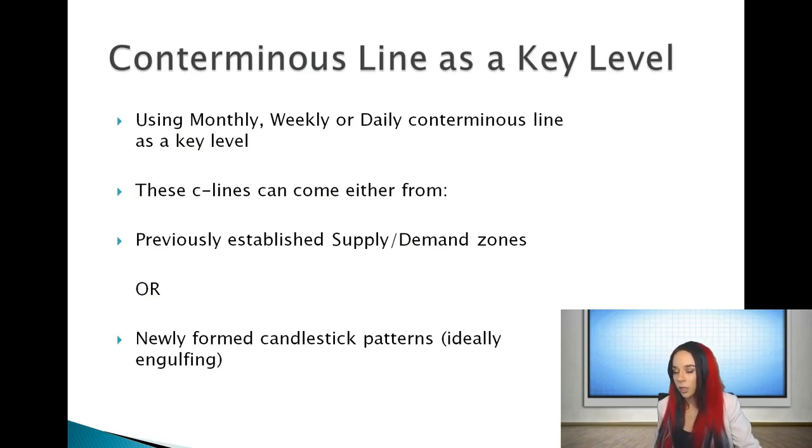But here's another thing. Sometimes you can use these weekly and monthly conterminous lines to keep a swing trade over a couple of days. In that case, you will need to identify the lower time frame supply-demand area to ensure that your trade has legs to get to your intended target.